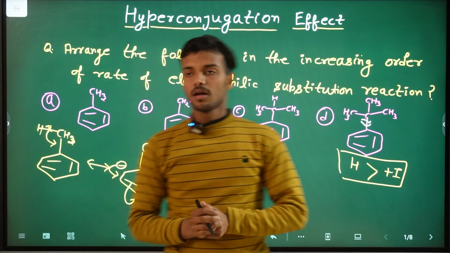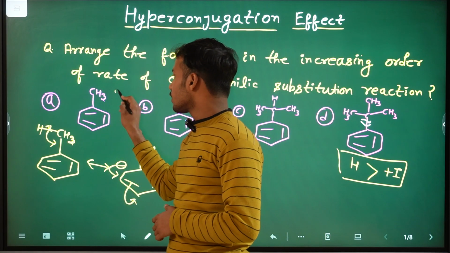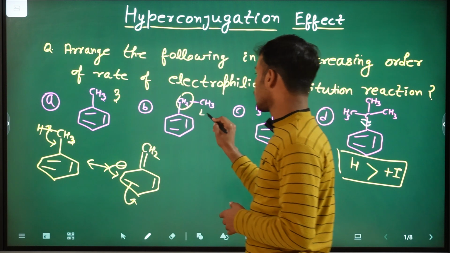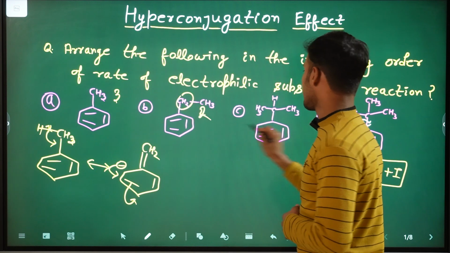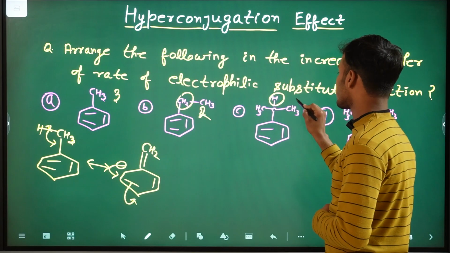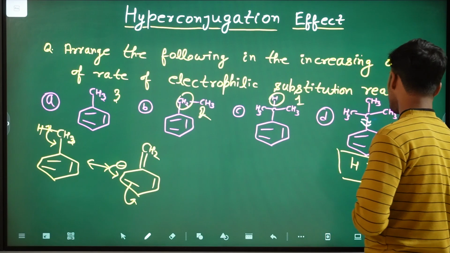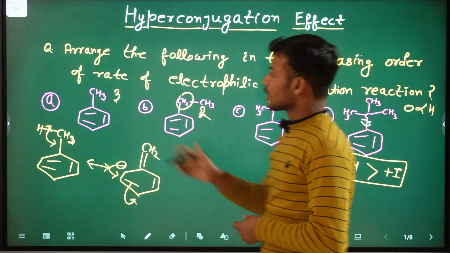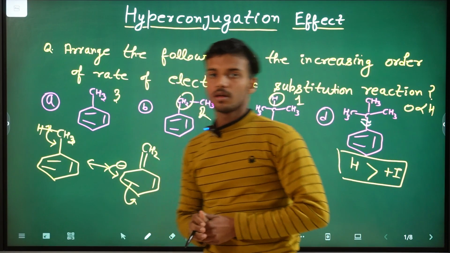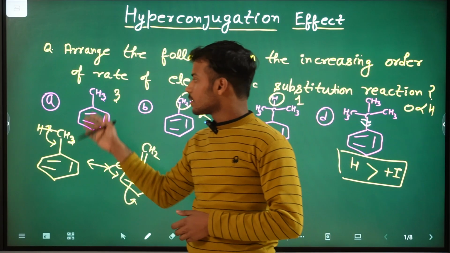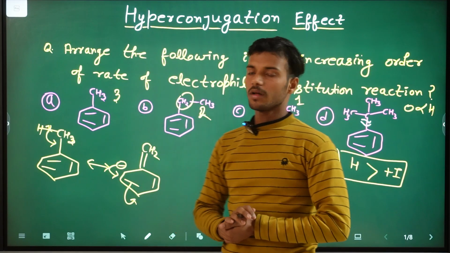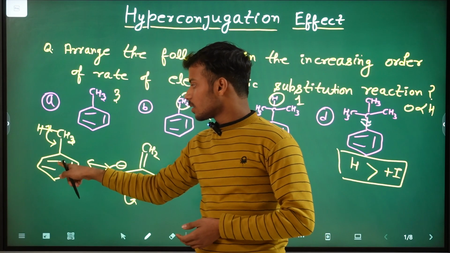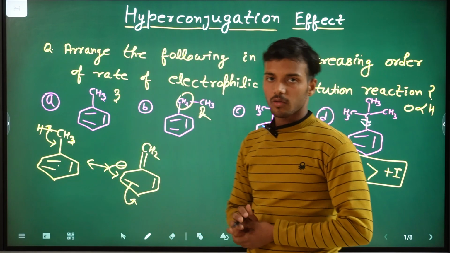So in this case 3 alpha hydrogens are present, and in this case 2, and in this case only 1 alpha hydrogen is present, and here 0 alpha hydrogen. Greater the alpha hydrogen, greater will be the charge in the ring, because the alpha CH bond delocalizes with pi bond of aromatic ring.